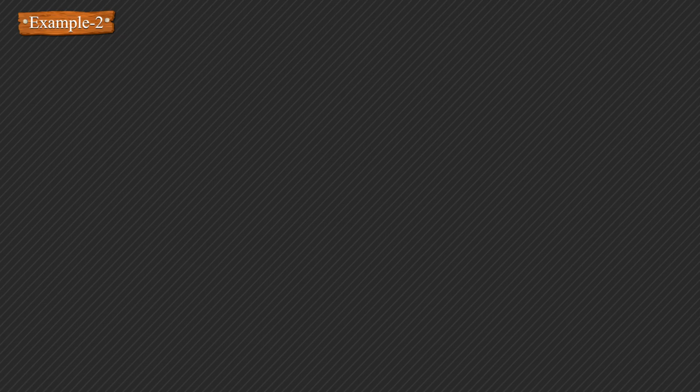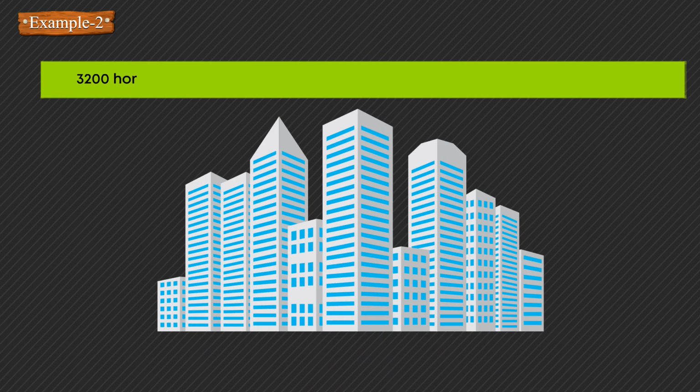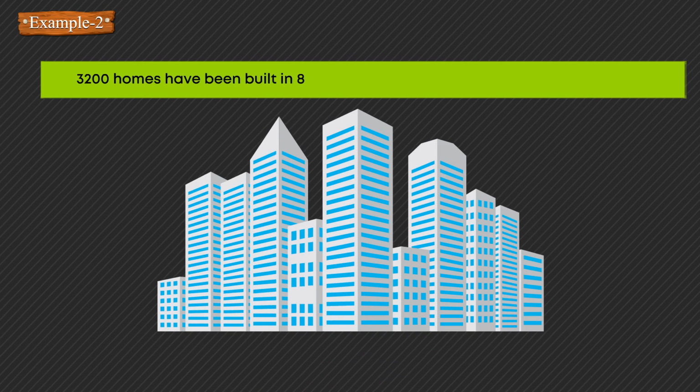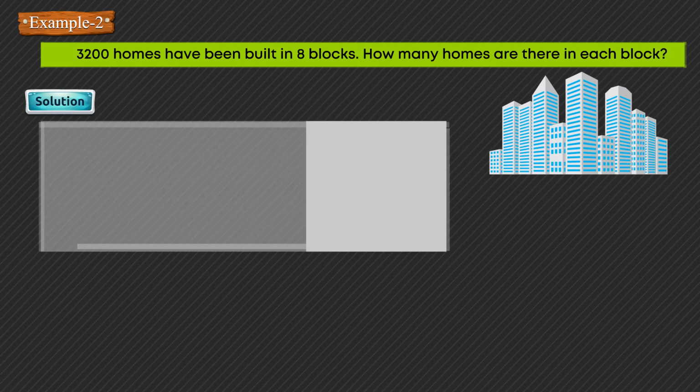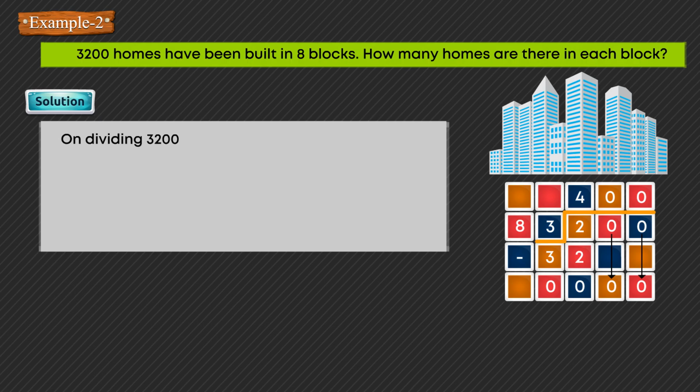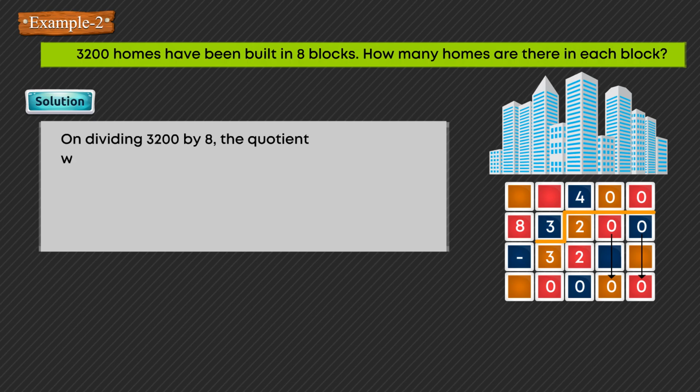Example 2. 3,200 homes have been built in 8 blocks. How many homes are there in each block? Solution. On dividing 3,200 by 8, the quotient will give the number of homes in each block.